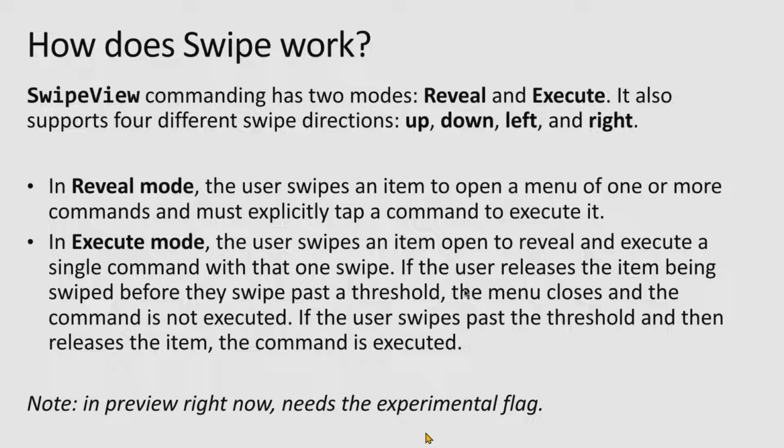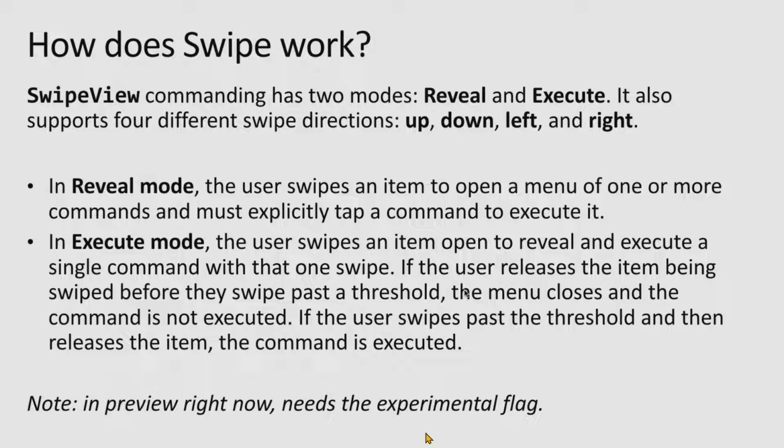The swipe view allows us to swipe in any direction. We can swipe up, down, from left and from right, and we have different modes. Let me explain very quickly the two different modes because they are very, very different. On one hand, we have the reveal mode. In this mode, we swipe to open the swipe view.